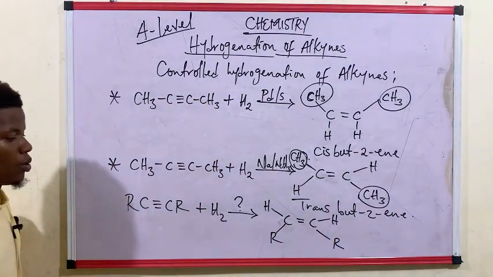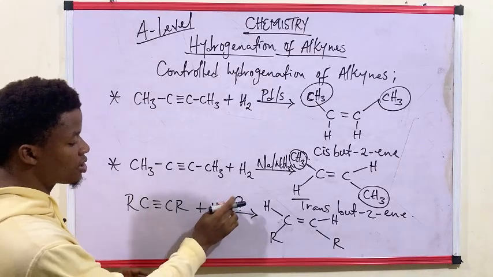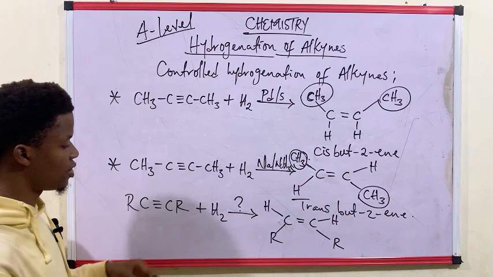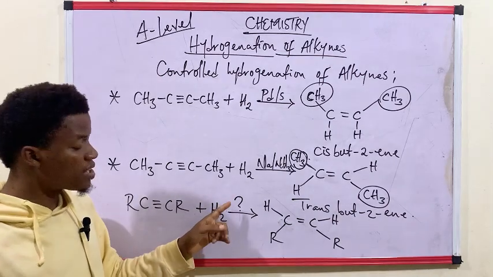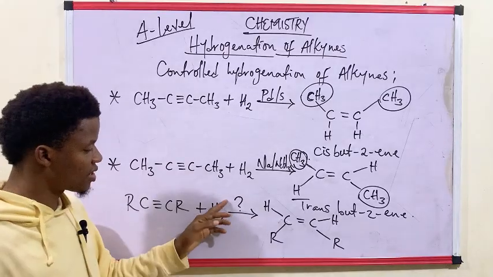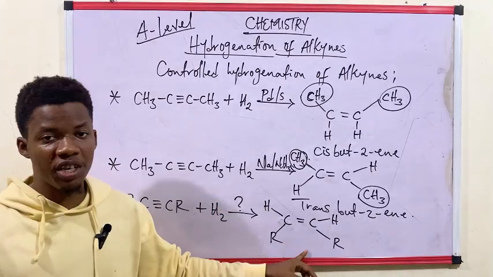Then I ask you, what is the catalyst? This question mark, what's the mystery guy here? That's eventually a catalyst. So they are asking you, what is the catalyst that is used to get this product?